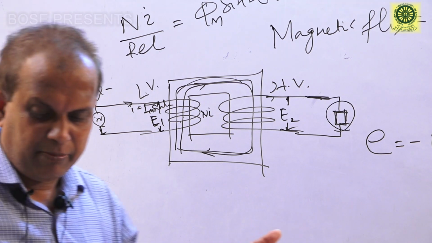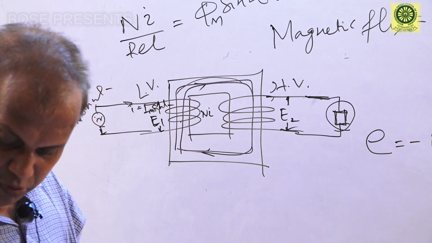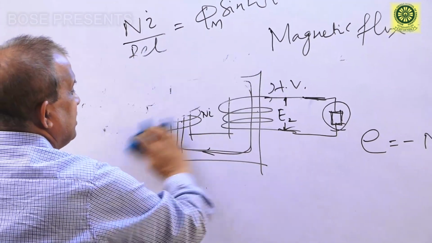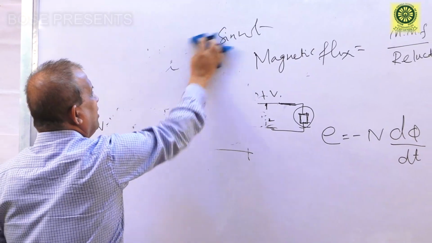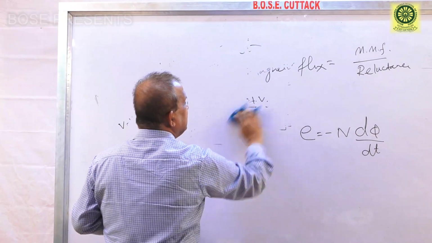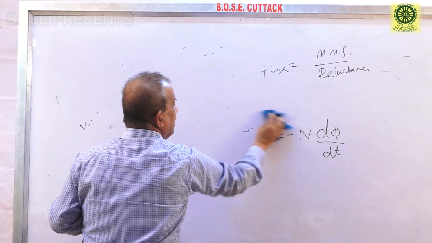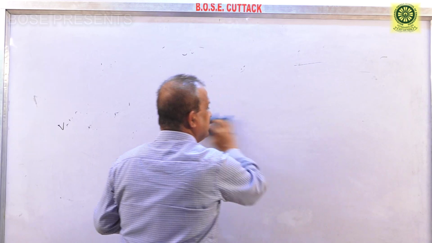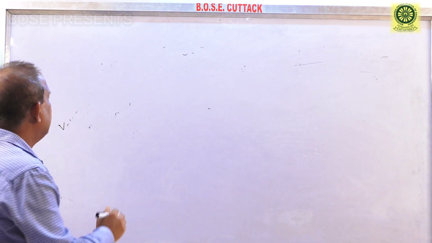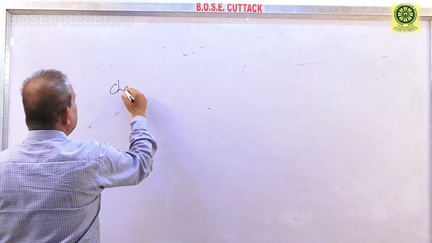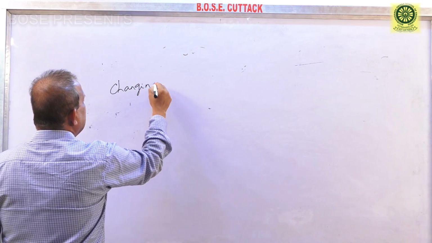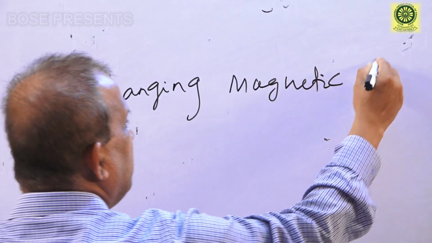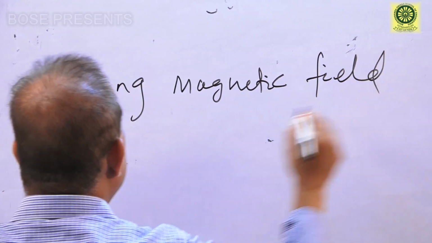Next, coming back to the principle, as we know, in a transformer we have a changing magnetic field and a stationary coil. Changing means what?